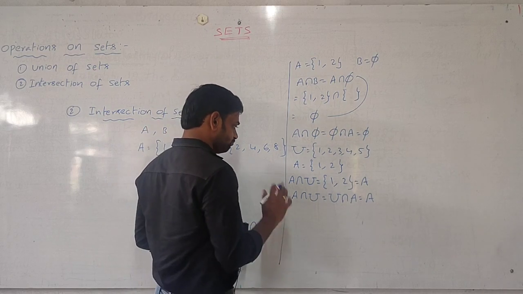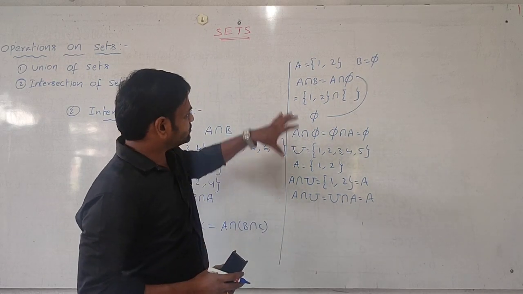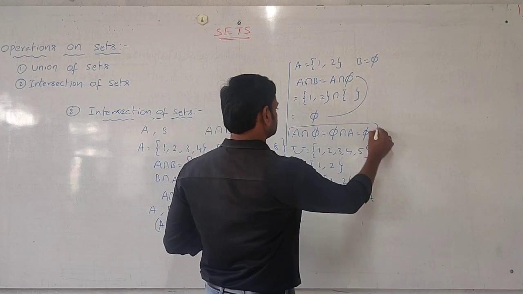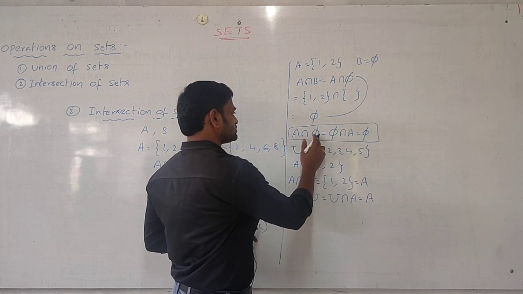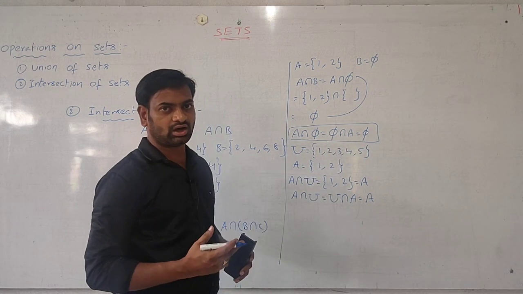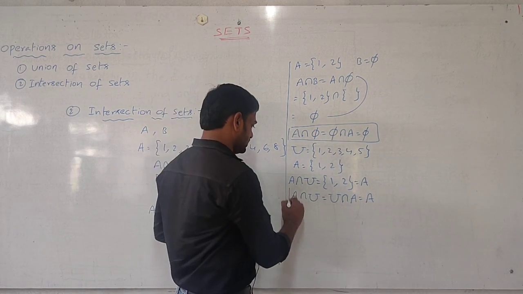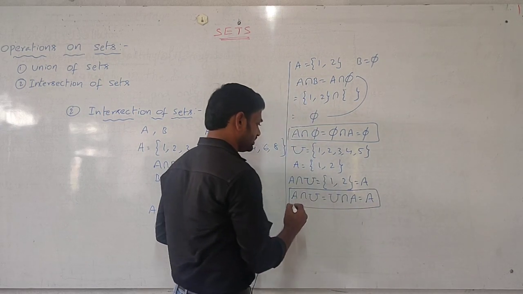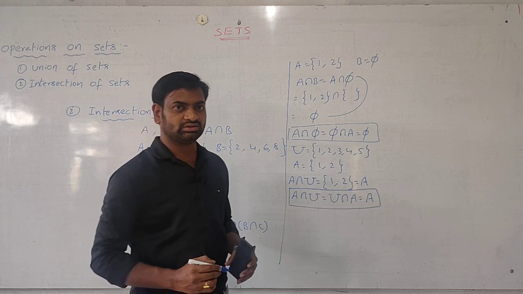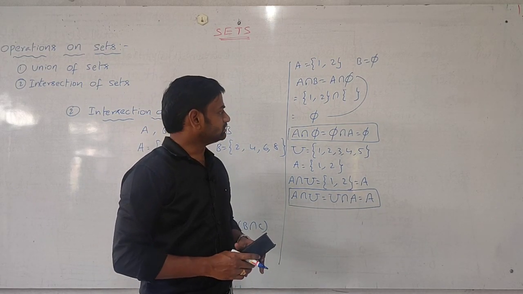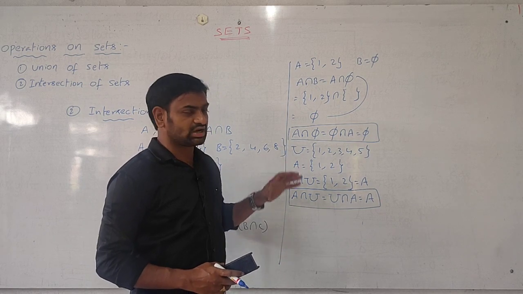Next, before going to the next one, observe here. A intersection phi equal to phi intersection A equal to phi. This is called law of phi. Next, A intersection U equal to U intersection A is equal to A. This is called law of U, capital U. Now, what you understand from these two?